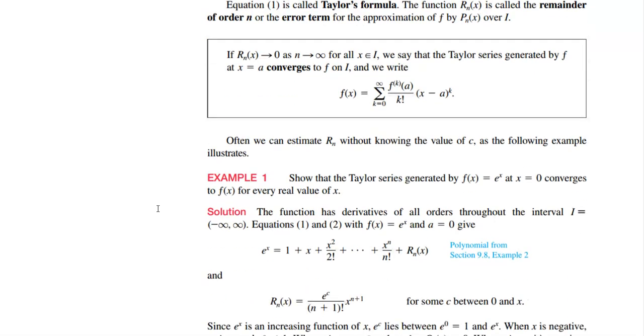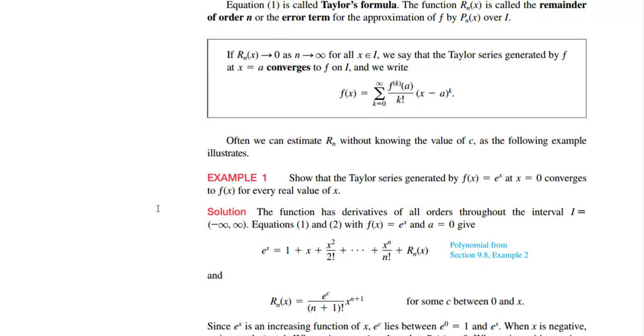If r sub n of x approaches 0 as n approaches infinity for all x in I, we say that the Taylor series generated by f at x equals a converges to f on I.